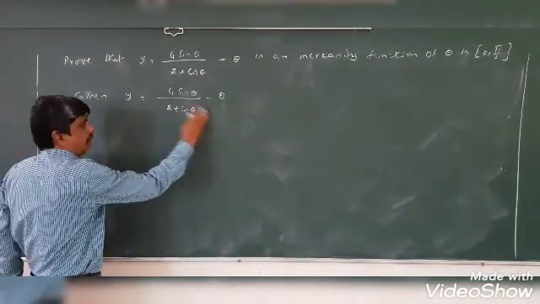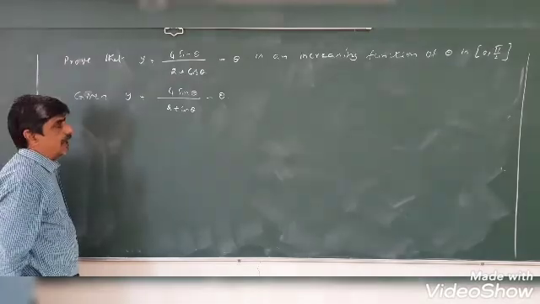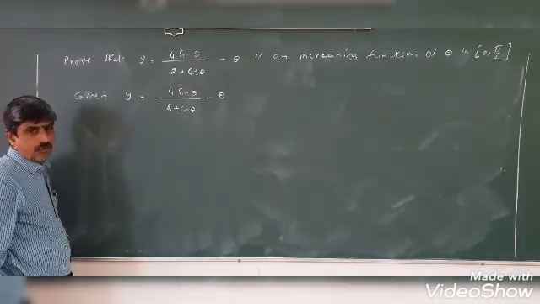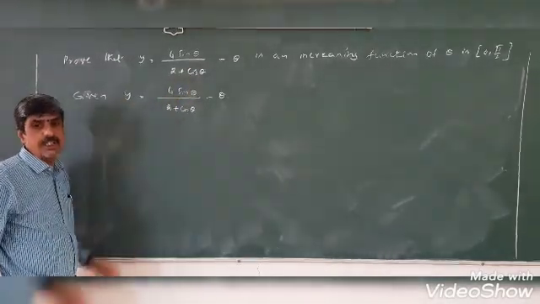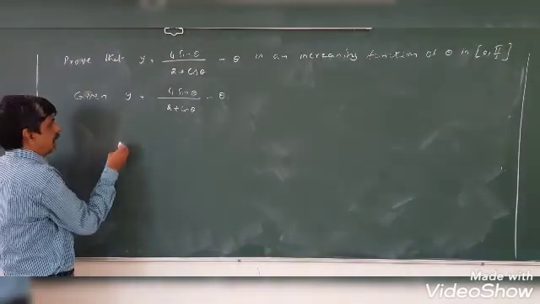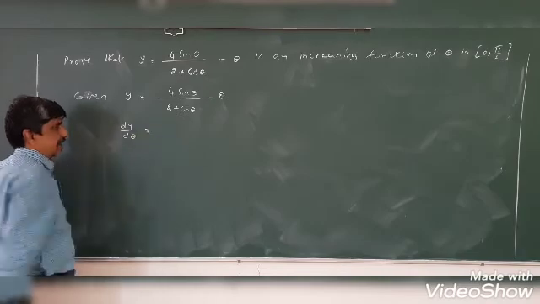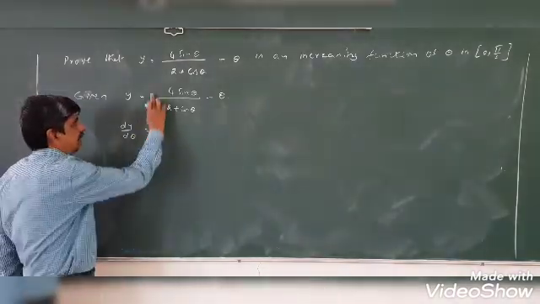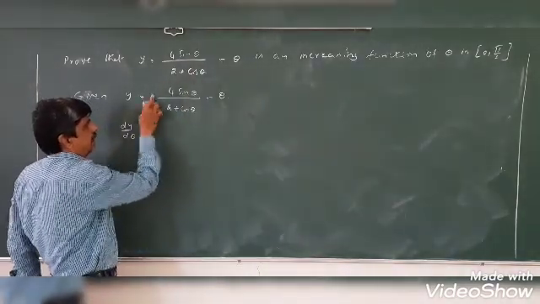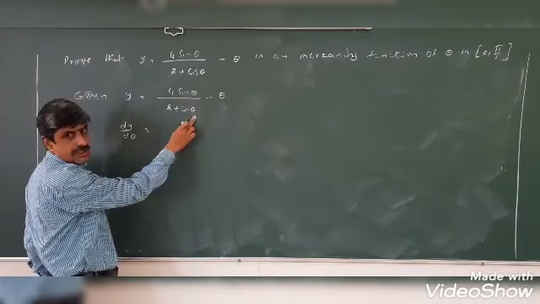Now differentiate with respect to theta on both sides, because y is a function of theta. d by d theta of y we write as dy by d theta. So d by d theta of 4 sin theta by 2 plus cos theta.